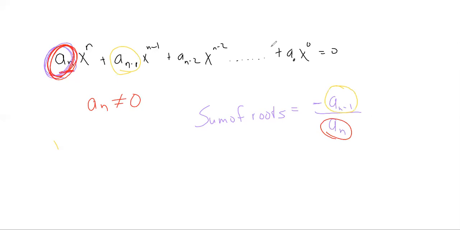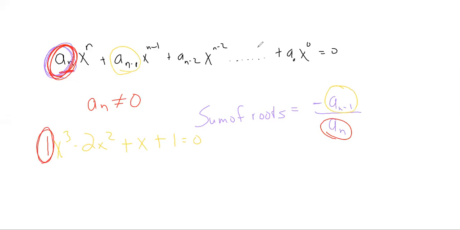So let's say I have x to the third minus 2x squared plus x plus 1 equals 0. The coefficient here is 1.